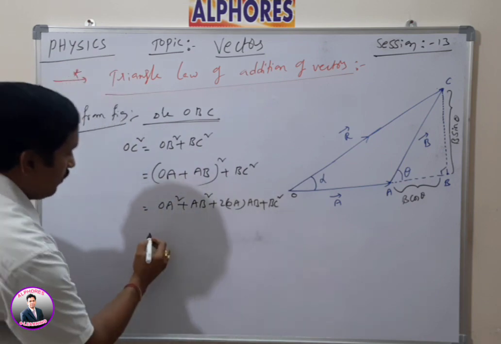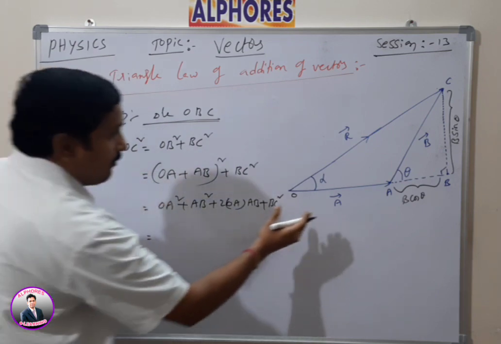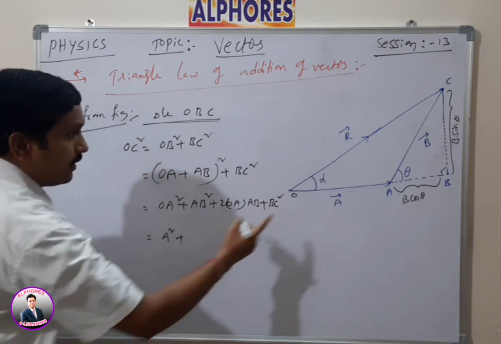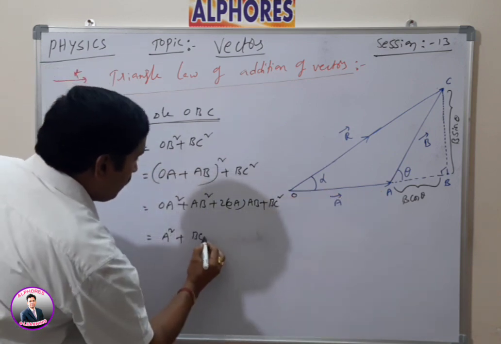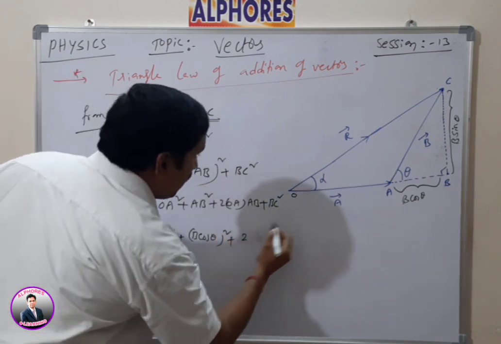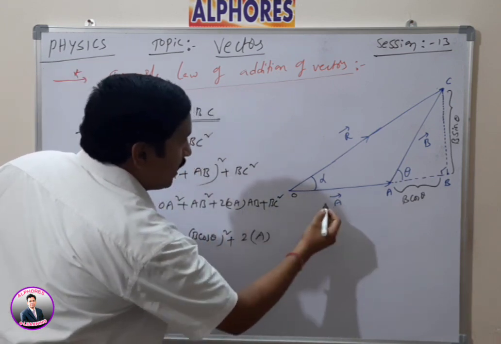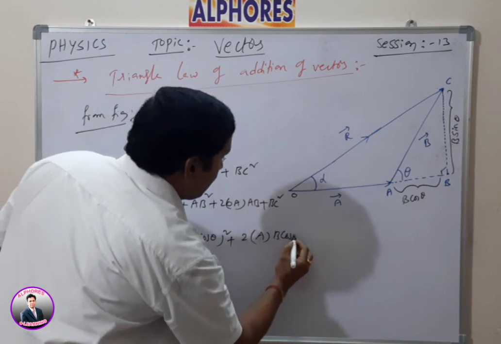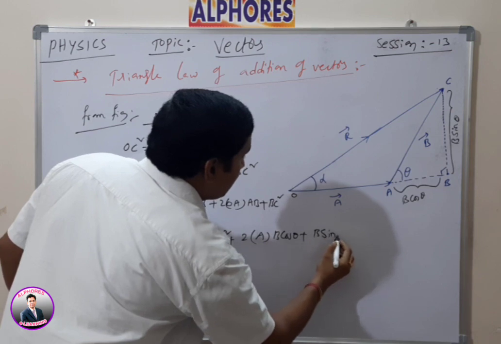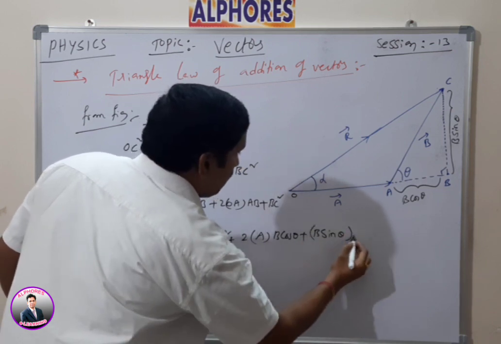Now I am substituting the values. OA is nothing but A, so A square plus AB, which is B cos theta, whole square, plus 2 into A into B cos theta, plus BC, which is B sin theta, whole square.